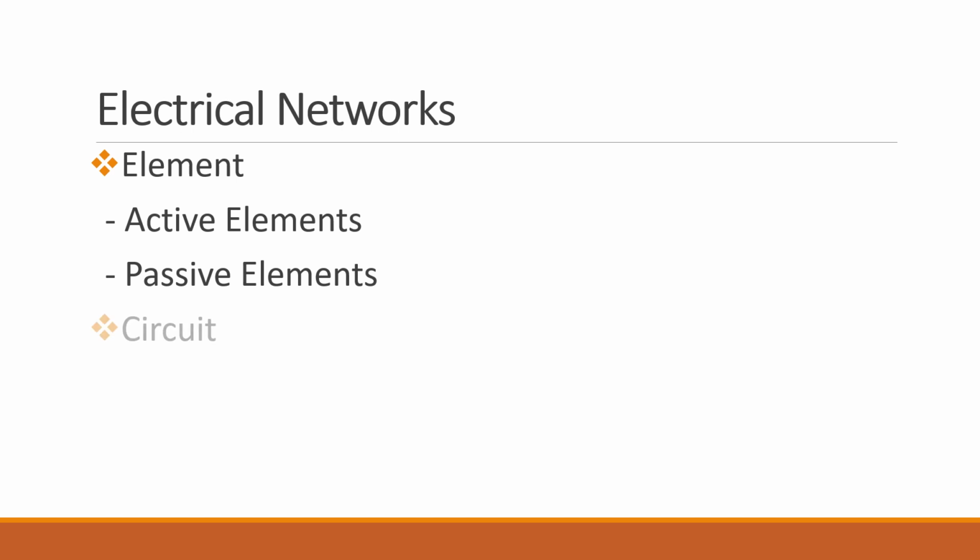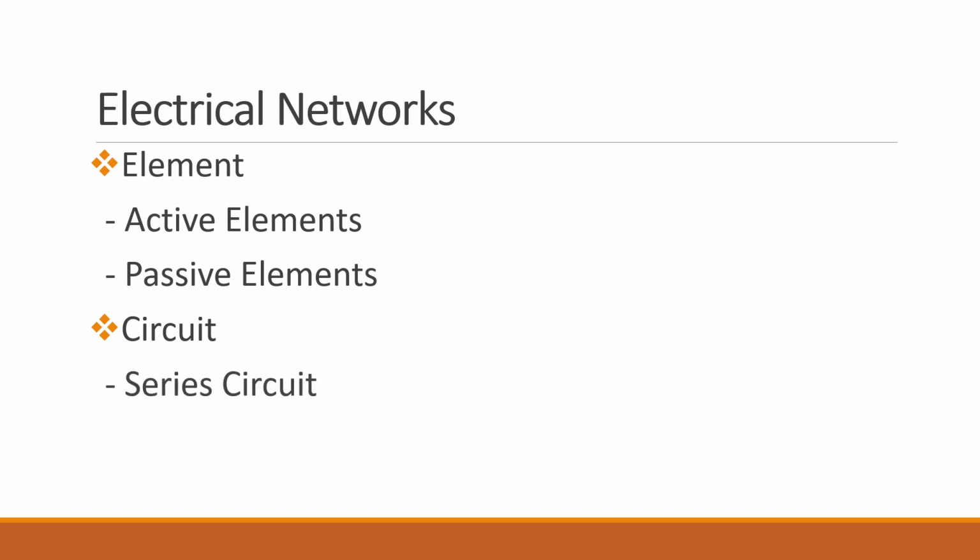Now, what is a circuit? A combination of a number of elements at the terminal points providing at least one closed path is called a circuit. There are two types of circuits. First type is the series circuit.